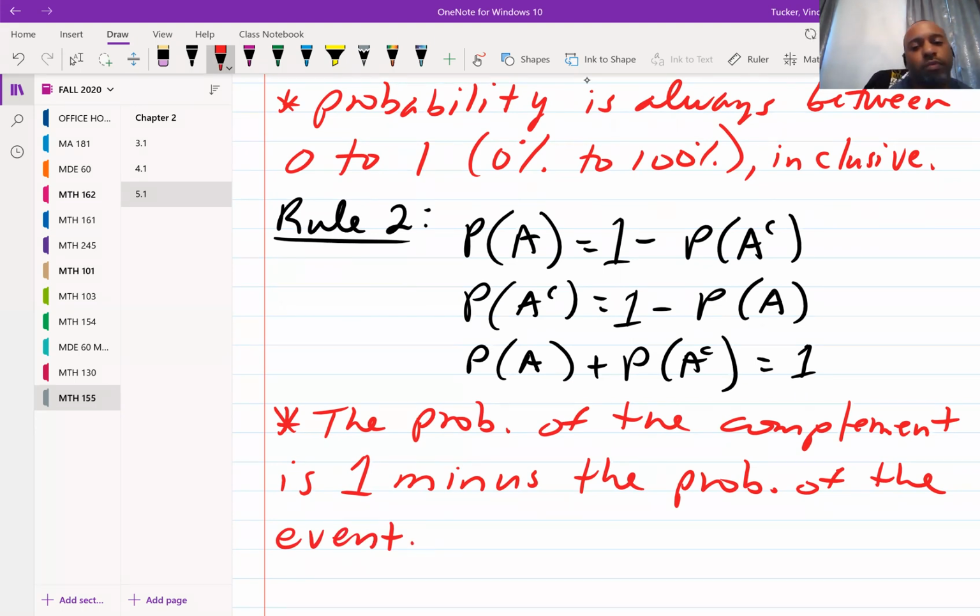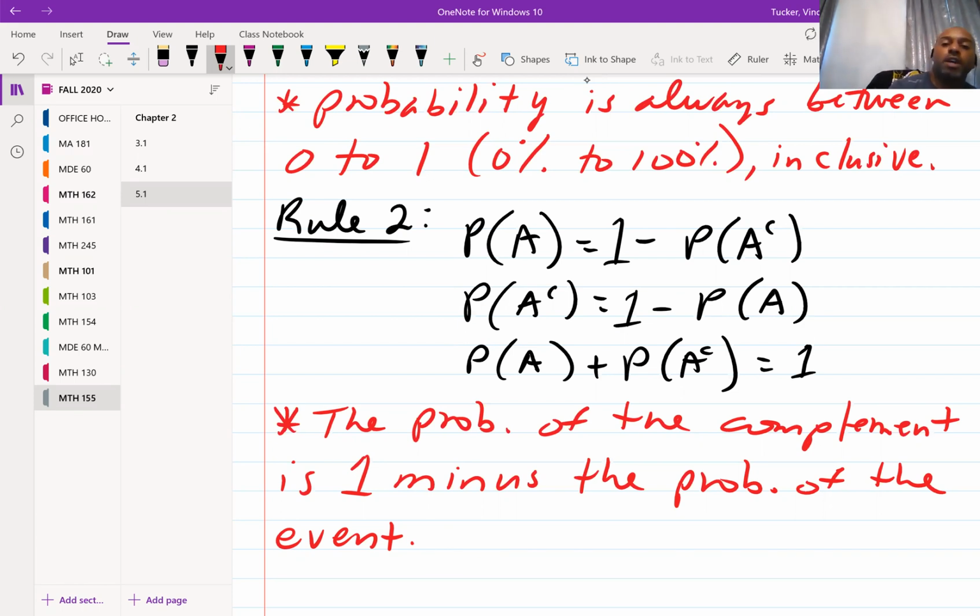All right, so the probability of your complement is always going to be 1 minus the probability of the event, and vice versa. And also, if you were to add them together, they should equal 1. So the relationship of the probability of your event and the probability of its complement will always be centered and related to 1.